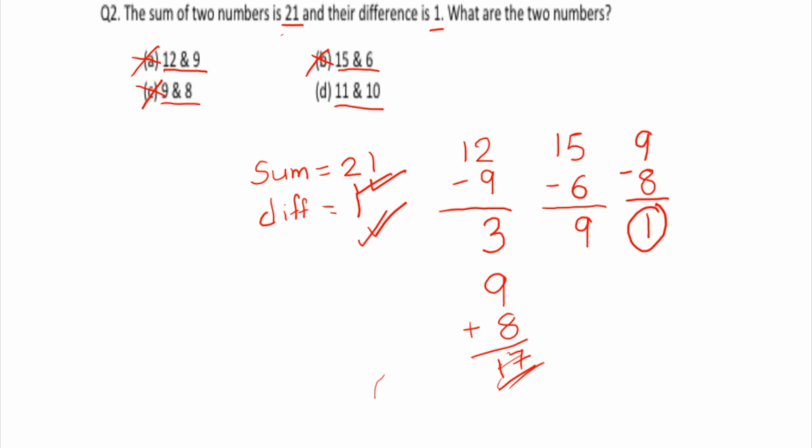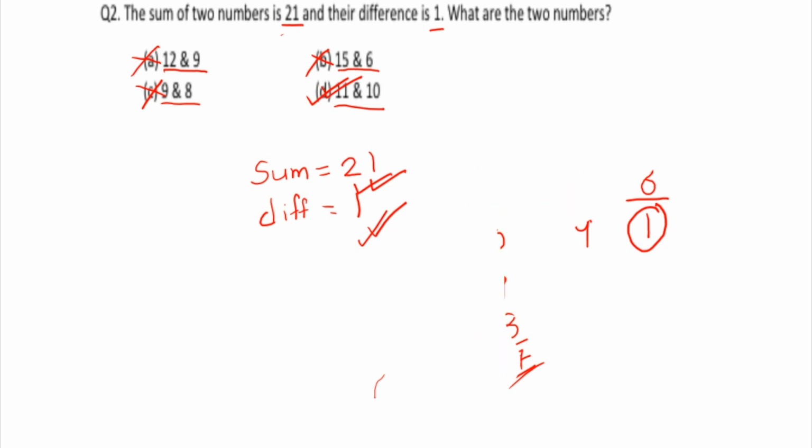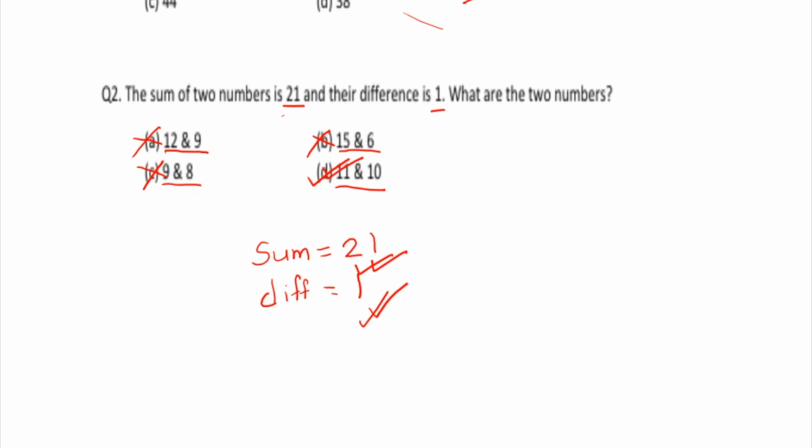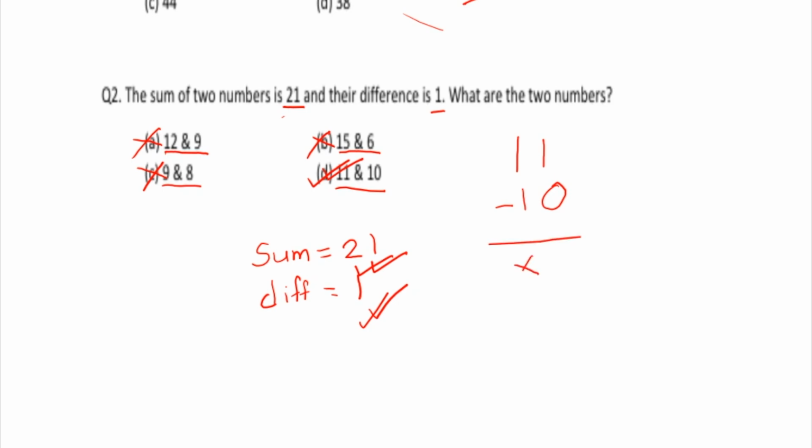So only one option is left. So naturally this is the correct answer. But let's find out whether it fulfills the two conditions or not. Okay, so first let's see the subtraction one. 11 minus 10, the value is 1, so the difference is fulfilled.